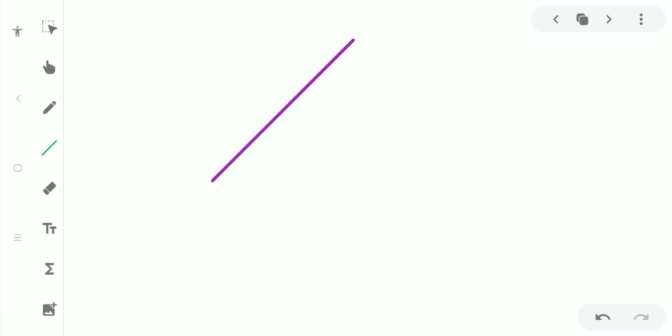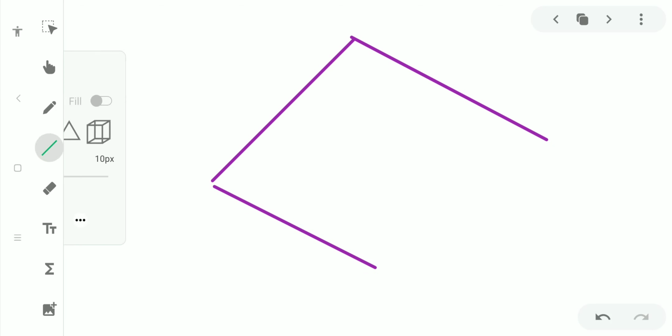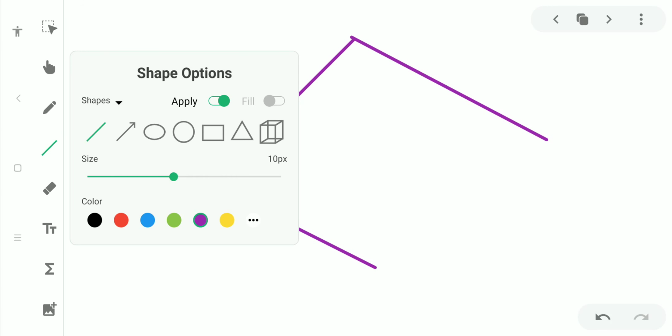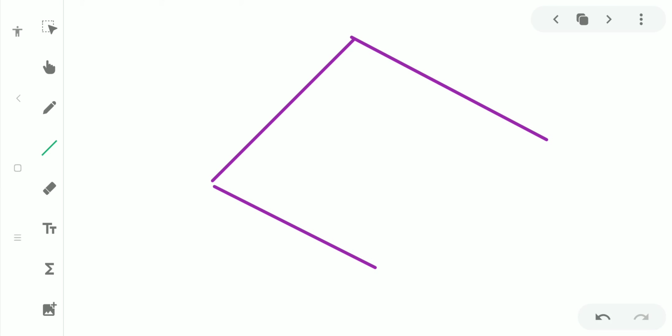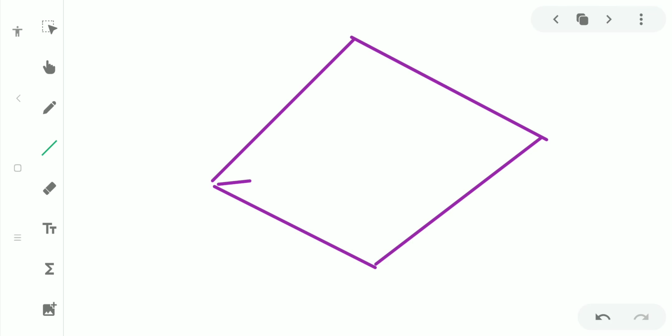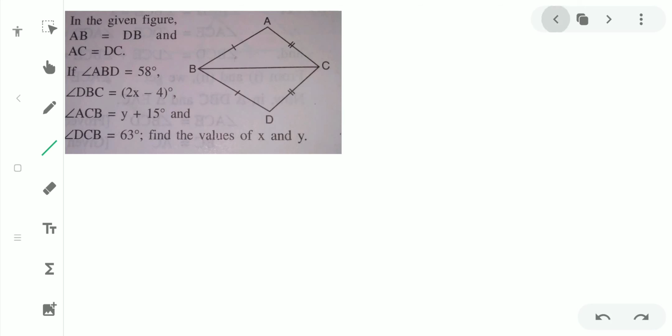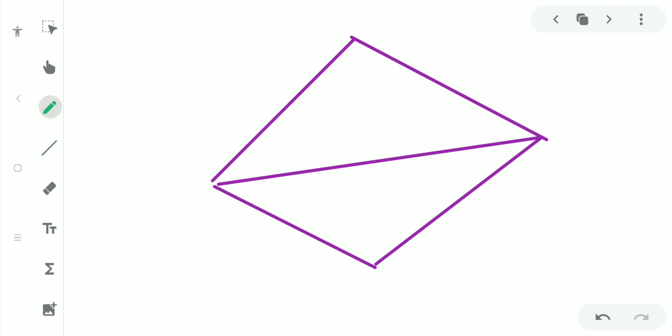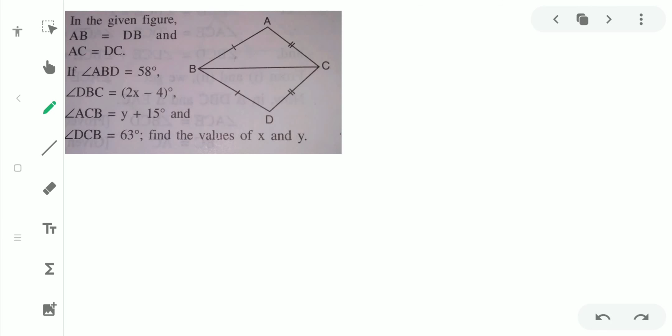Here I will try to draw, because as it is a line segment, it will be difficult. We are having a kite structure over here, and we have this middle line. Yeah, I hope now it is clear. Now we have this line equal to this line and this line equal to this line.